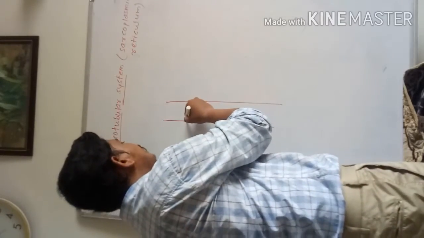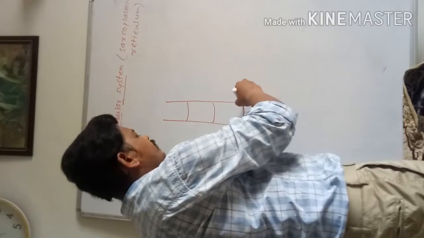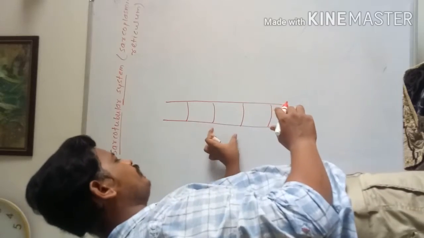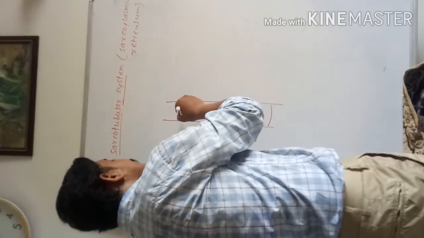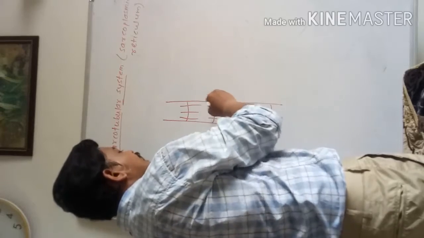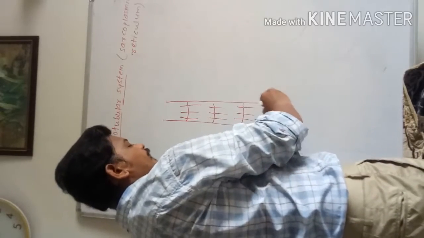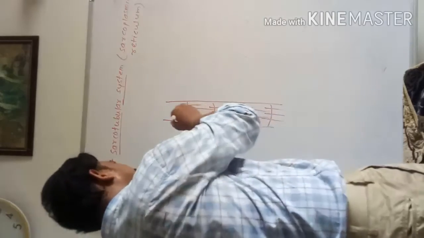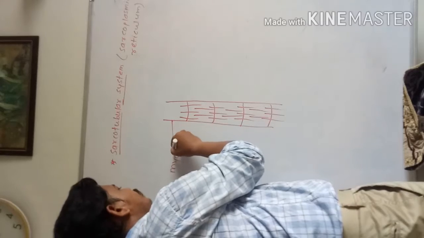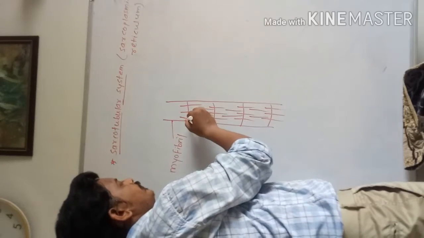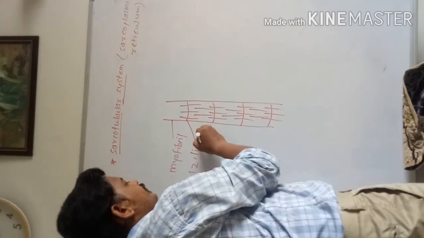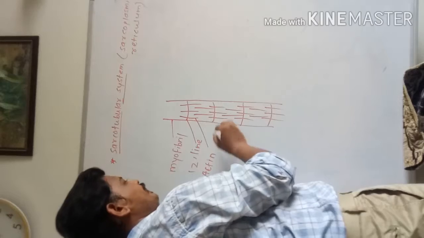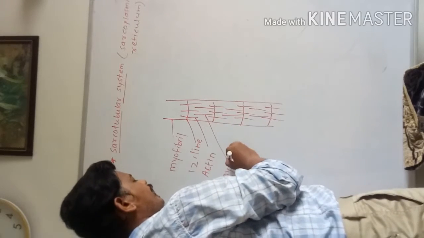So in the myofibril these are Z lines. So these are sarcomeres: 1 sarcomere, 2, 3, 4 sarcomeres. Okay, and this is the actin which is attached to the Z line, and in between them this is the myosin. So this is the myofibril, this is the Z line, this is thin filaments, means actin filament, this is myosin filament.